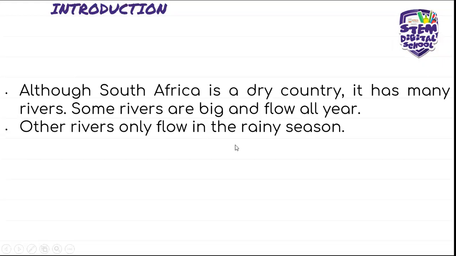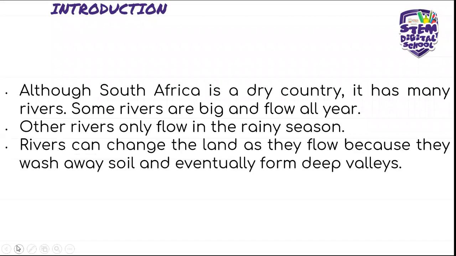Rivers change the land as they flow because they wash away soil. Eventually, it forms deep valleys. So this is how deep valleys are formed, okay?